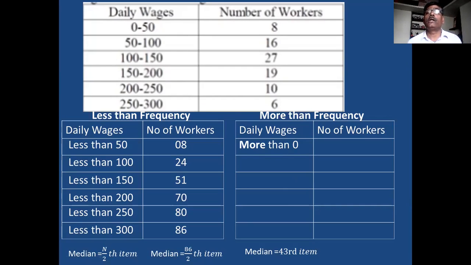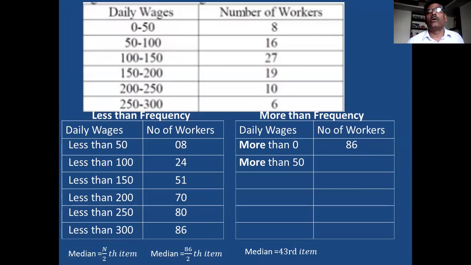How many earning people are there in the problem? All these people are earning people. Therefore, total is 86. 86 workers earn more than 0. 0 means they are all earning people. Then second question is, how many workers earn more than 50?